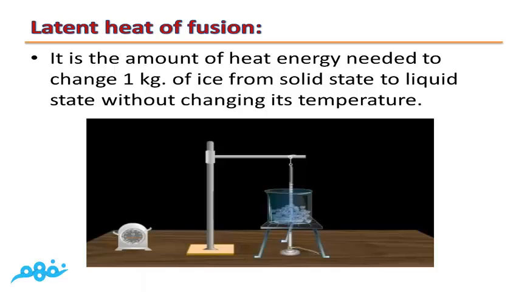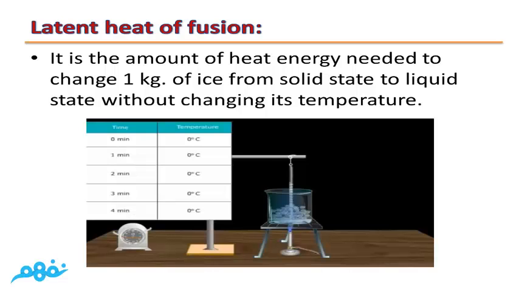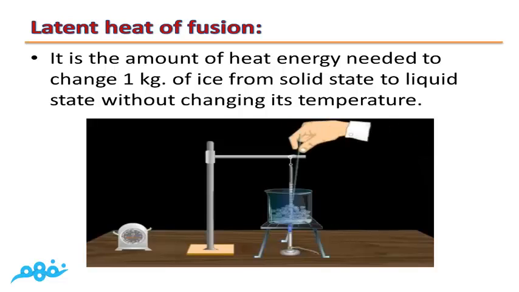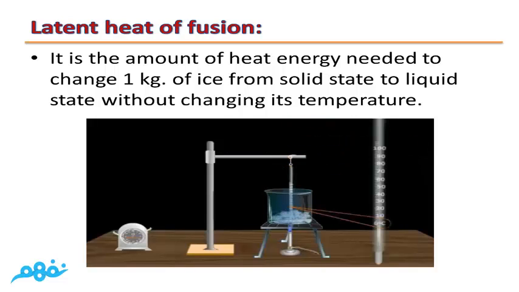What's meant by latent heat of fusion or latent heat of melting? It is the amount of heat energy needed to change 1 kilogram of ice from solid state to liquid state without changing its temperature. This solid ice will change into liquid water at the same temperature, which is 0 degree Celsius.